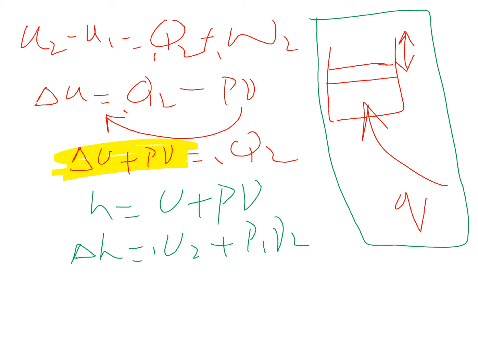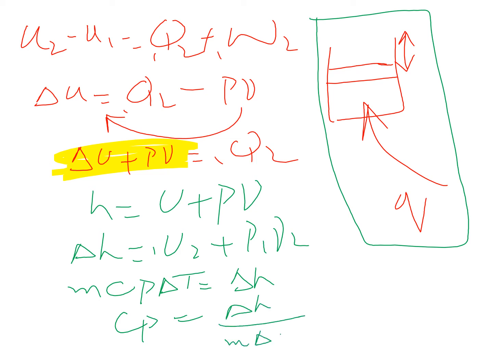For a single mass, m Cp delta T is equal to delta H in this case, and Cp is equal to delta H over m delta T.